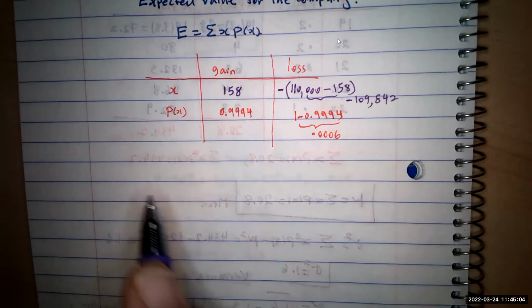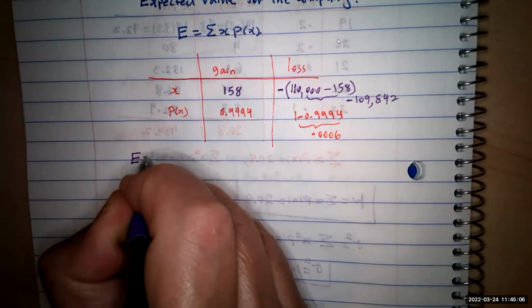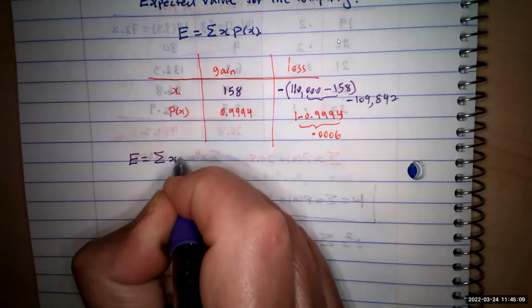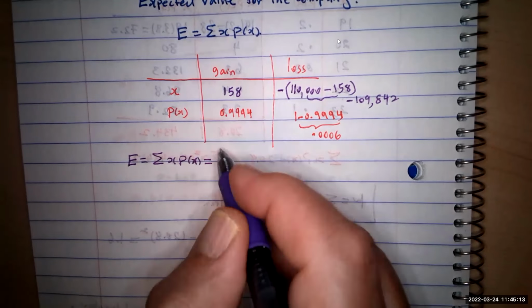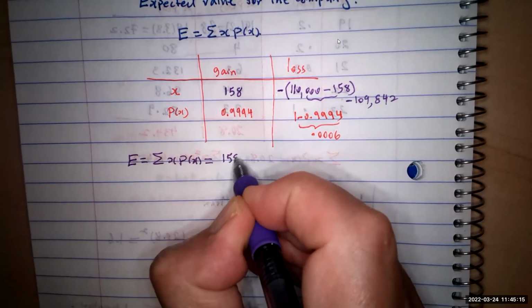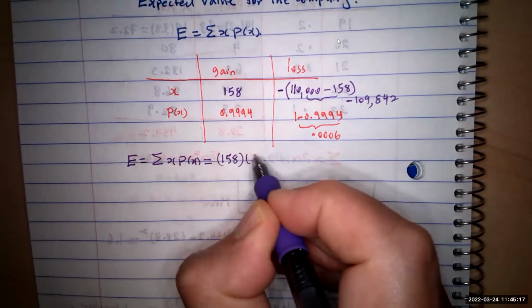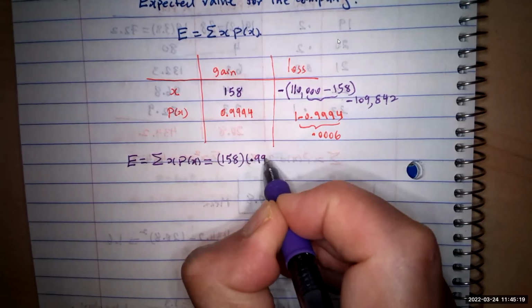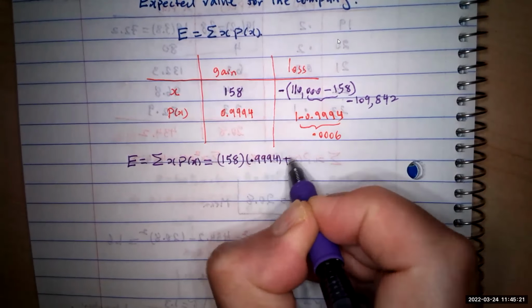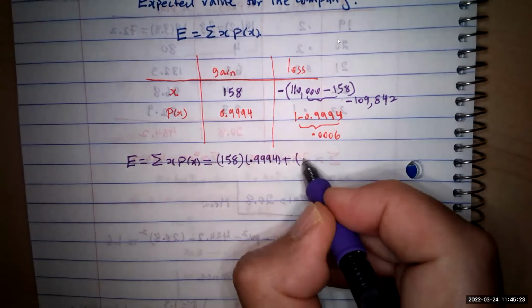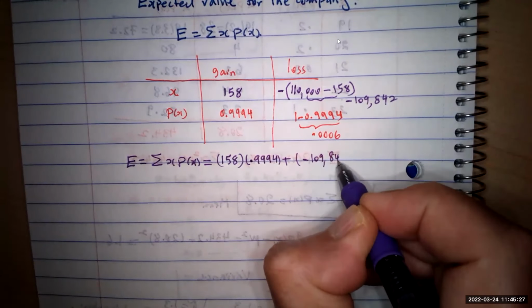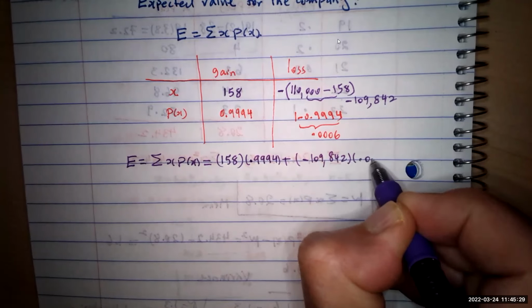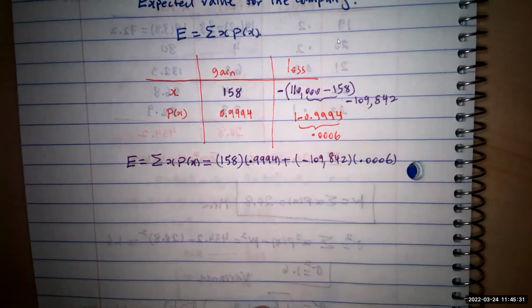So get the expected value formula, E equal to sigma x p(x). It's going to be equal to the x of 158 times the corresponding probability 0.994, plus the money negative 109,842 times the probability 0.006.